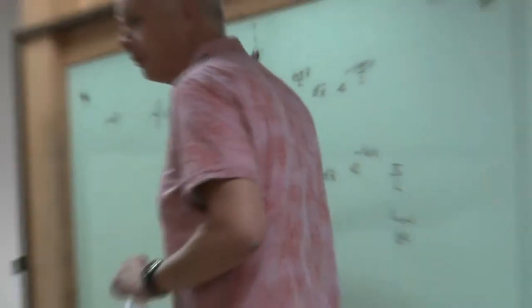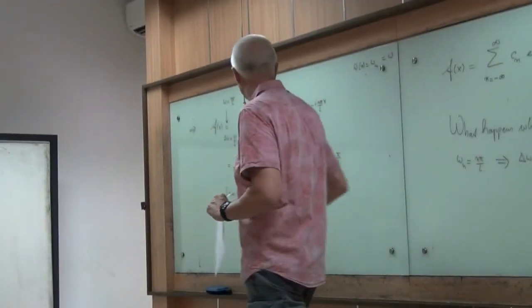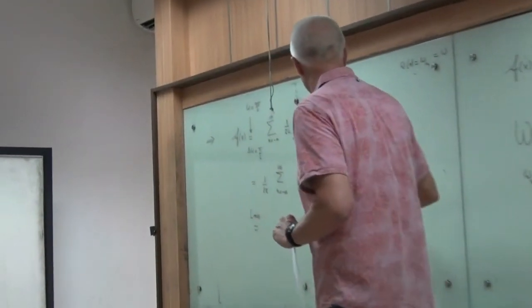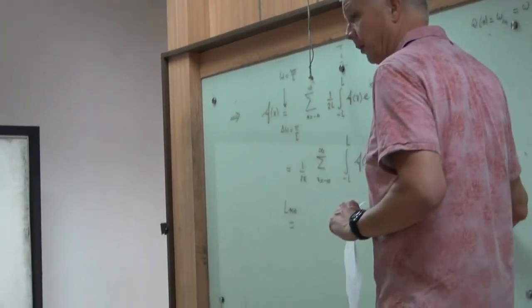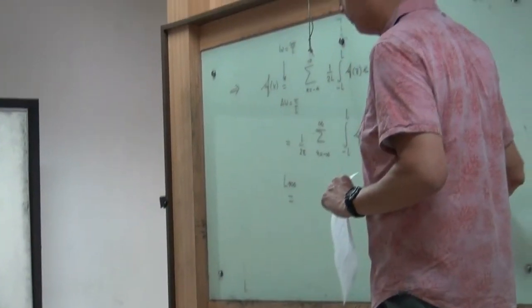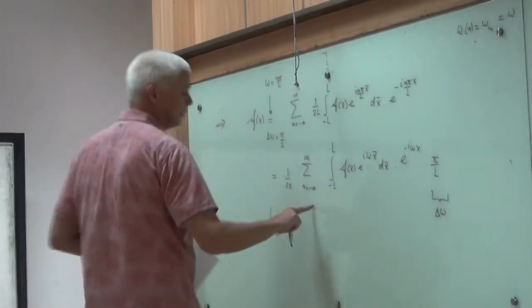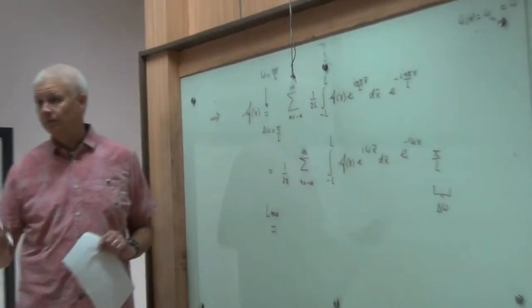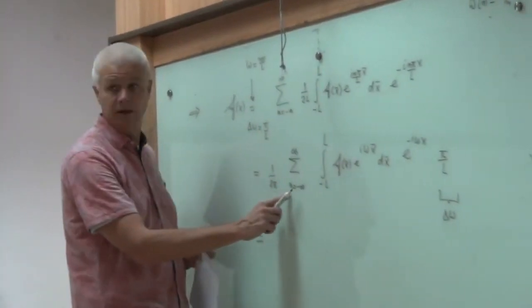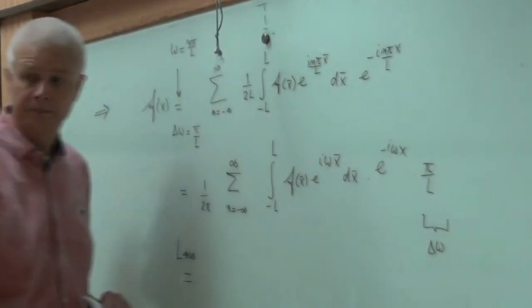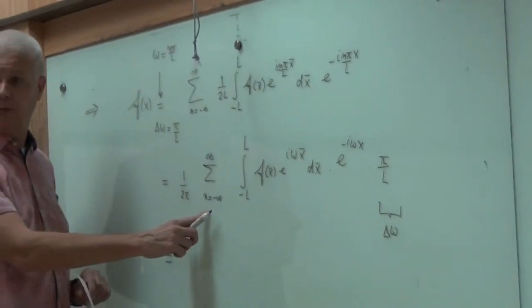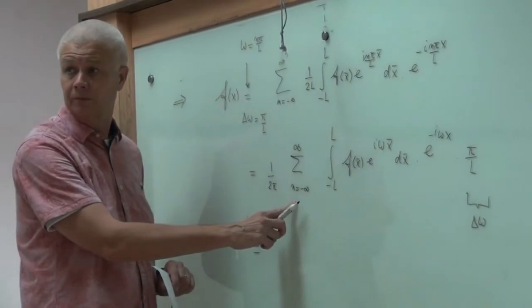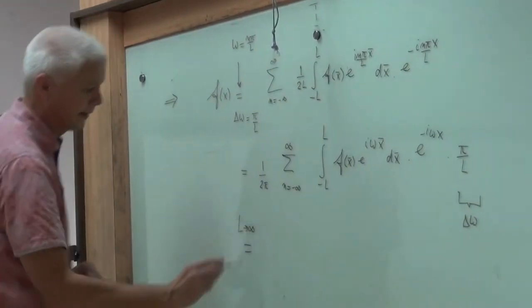What do I have? If L tends to infinity, this integral becomes an integral from minus infinity to plus infinity. Nothing changing here. This becomes, for L tending to infinity, d omega. And what is the summation becoming? That's becoming an integral, because I sum here over all the delta omega, and that sum becomes, in the limit, an integral.